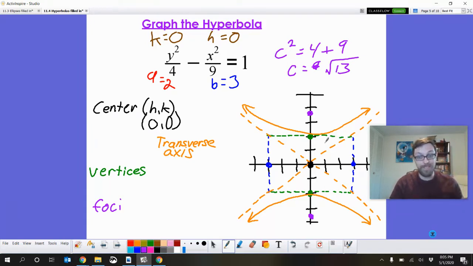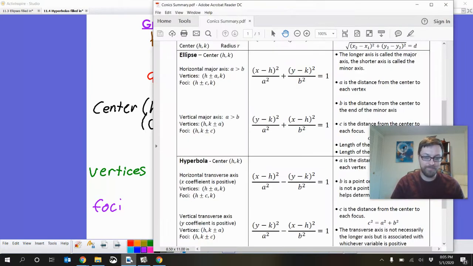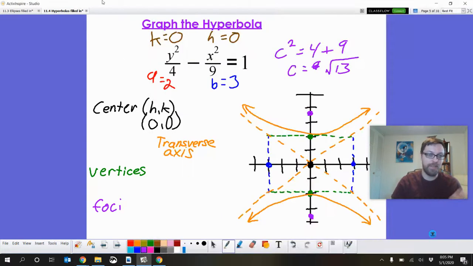I forgot to mention this earlier, but since x is being subtracted, we're going to have a vertical transverse axis. I could have written that down a little while ago. That's telling us that all these points make a nice tall line. They're all vertically stacked instead of horizontally stacked.